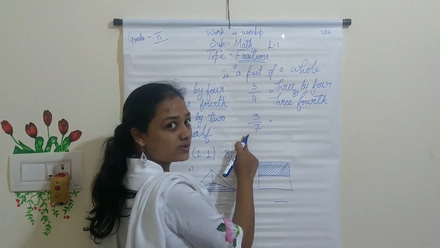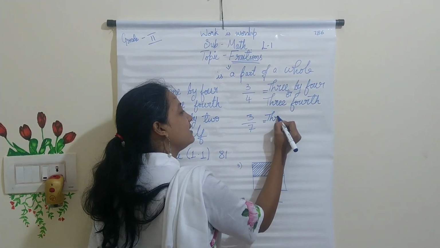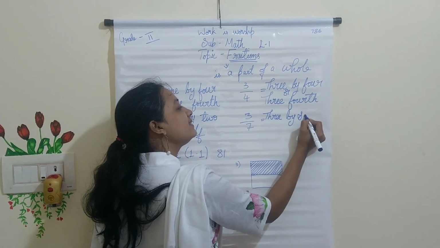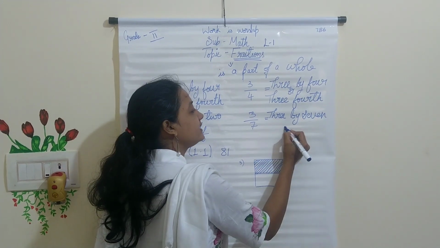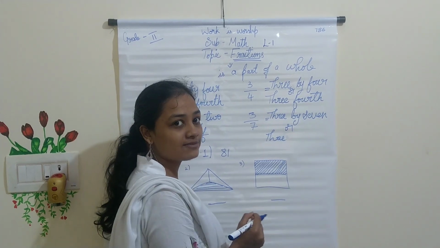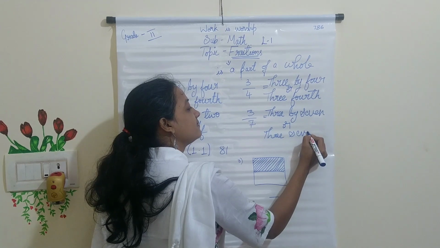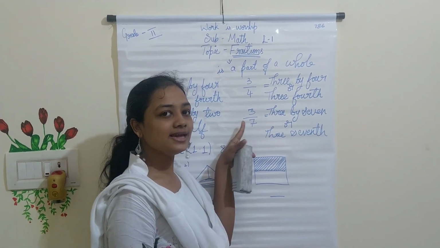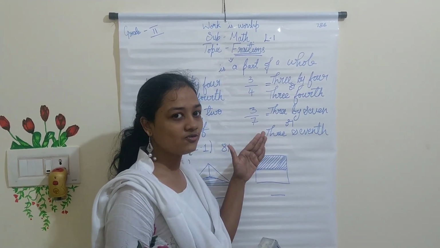Now let's go for the next one here. 3 by 7. Yes, that is correct. If I write it in the other way, what do you say for 7? 7th. So it is called 3/7. I hope you are clear how to write the fraction in word form.